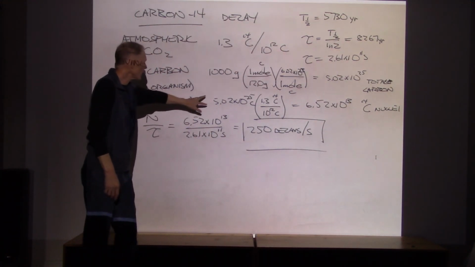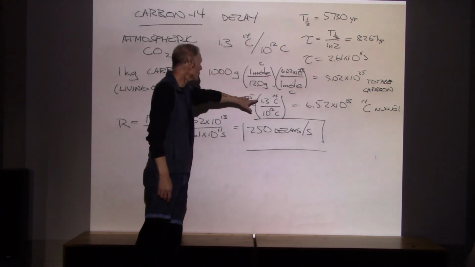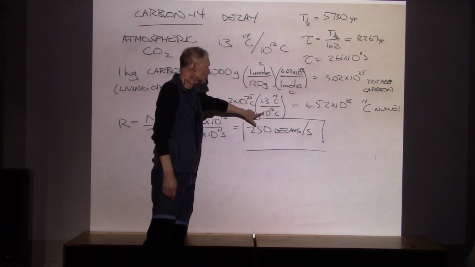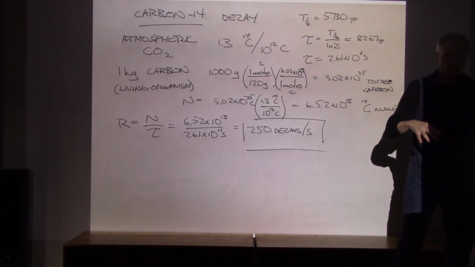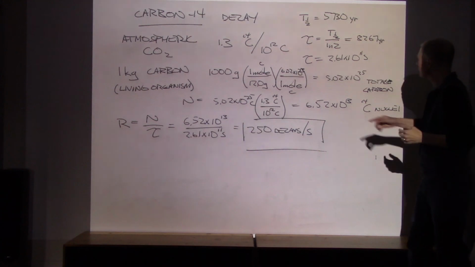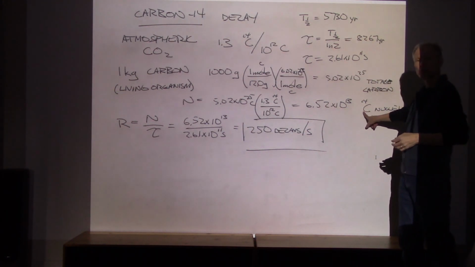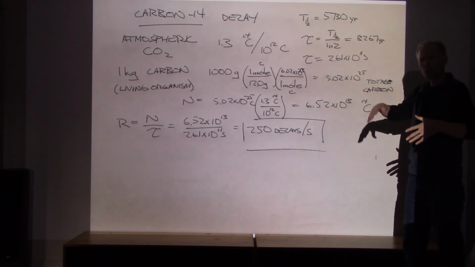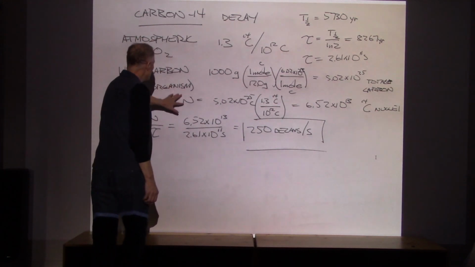And so I can start off with this 5.02 × 10^25, and I can use that ratio. So 1.3 for every trillion, and it says, oh, for every kilogram of carbon in a living organism, there are 65 trillion carbon-14s, and that includes each of us. And so that would be the number.